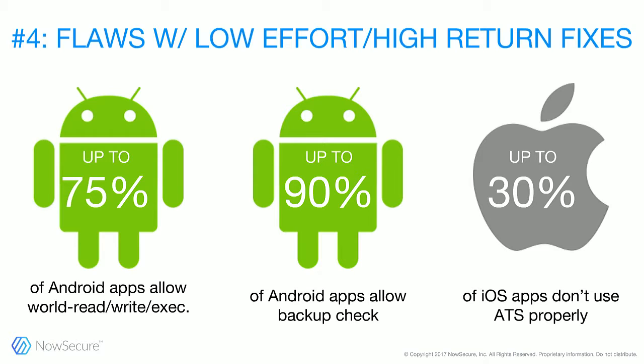So about three-quarters of Android apps allow world writable or world executable code inside their application. And for anybody that's a little technical on the line, solving it so that an application isn't world writable or world executable is mind-numbingly easy. It's just click, done. Now, the platform provides protections, right? So in theory, nobody should be able to take advantage of that if the data is not written to the SD card.